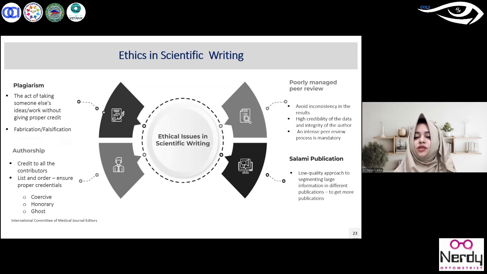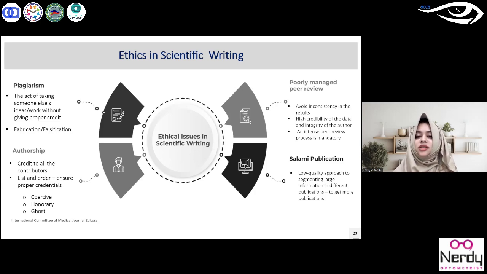The first point is plagiarism, the most common form of scientific misconduct, which unfortunately occurs often among researchers. Several forms of plagiarism are encountered in scientific writing. For example, intentional plagiarism is one in which a person knowingly lifts text directly from other authors without giving appropriate credit.